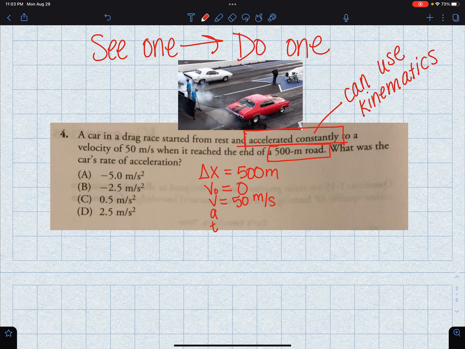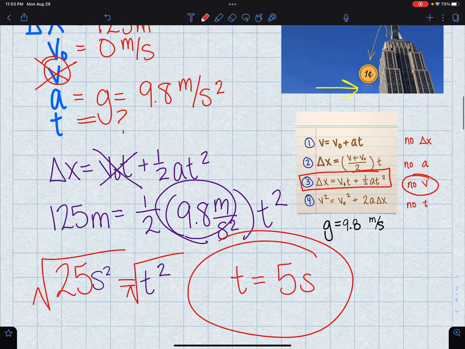What was the car's rate of acceleration? Ooh, they want to know a right there. And does it say anything about time? No, it doesn't. So let's look at our kinematics equations.